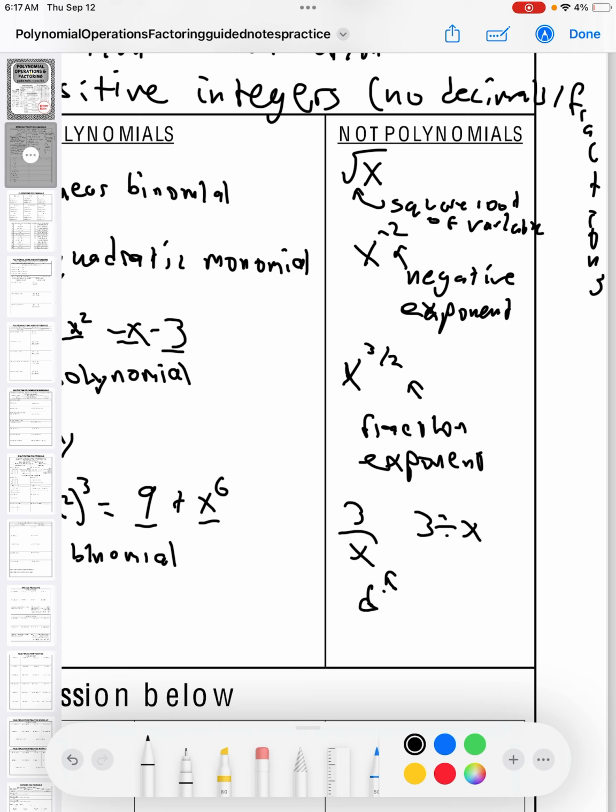We cannot divide by a variable. All of these things make it not a polynomial. So if you see any of those things later on, the classifying of it would be it's not a polynomial.